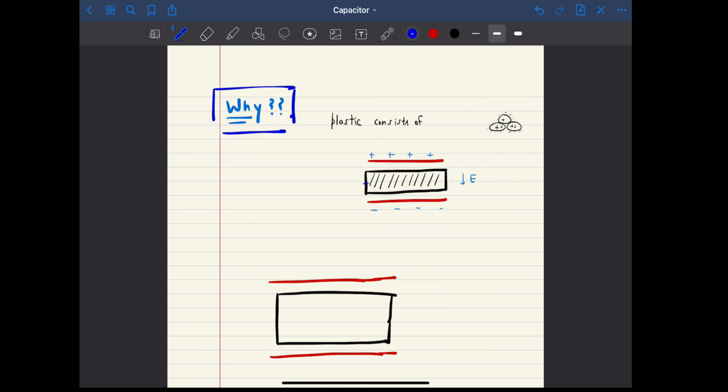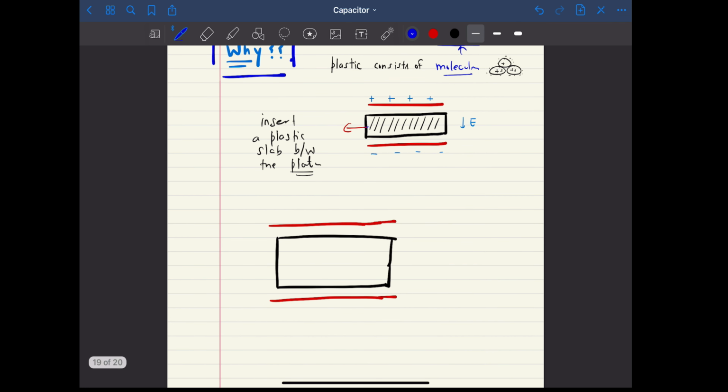For this, consider a capacitor and we insert a plastic slab between the plates. Since plastic consists of molecules and molecules have positive and negative charges in them, if we see in this diagram it will be more clear.